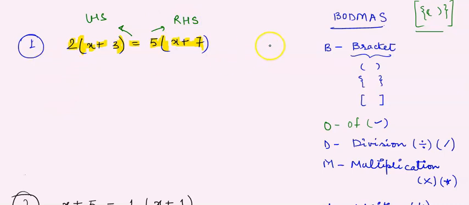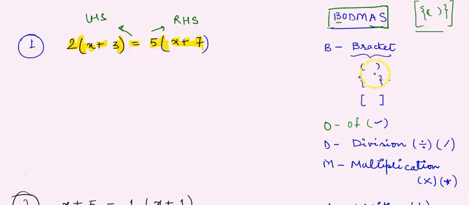So according to the BODMAS rule, what comes first? What do we have to solve first, bracket or plus sign? That is brackets, right?